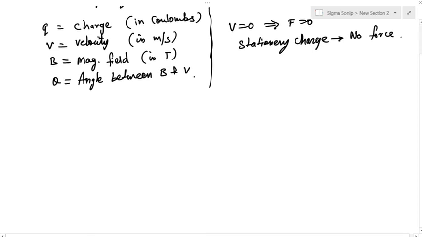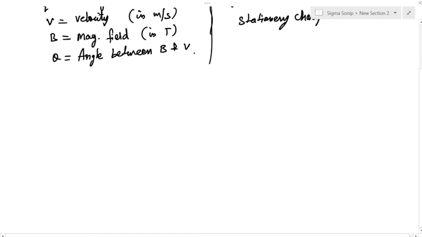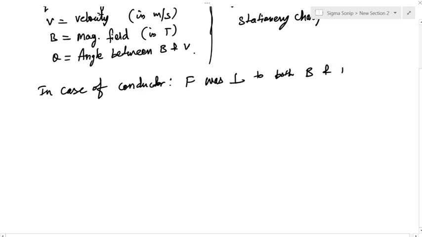Further, we have seen that in the case of a conductor, the force F was perpendicular to both B and I. The same is the case here.